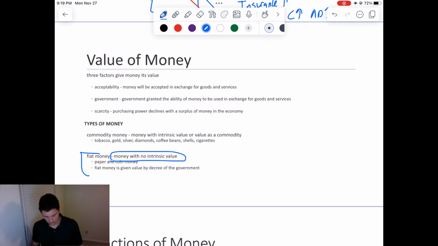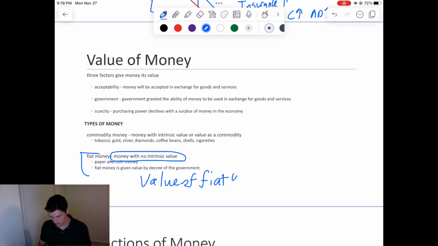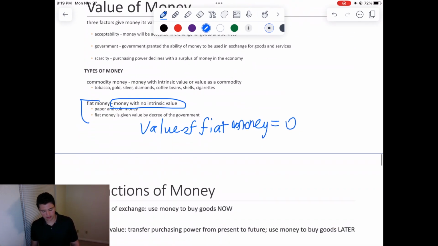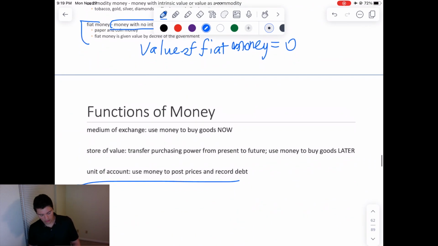So the value of fiat money is zero. Functions of money: medium of exchange, store of value, unit of account, deferred payments as well. Basically, I could pay you now or later.